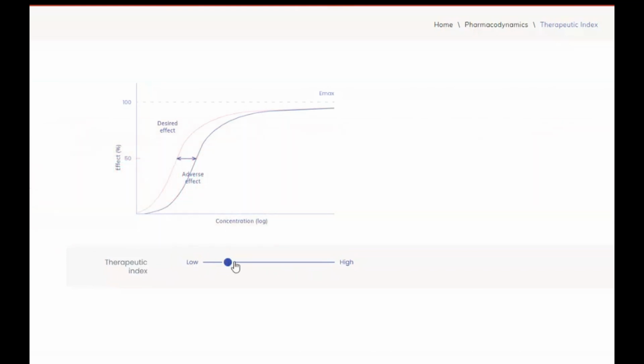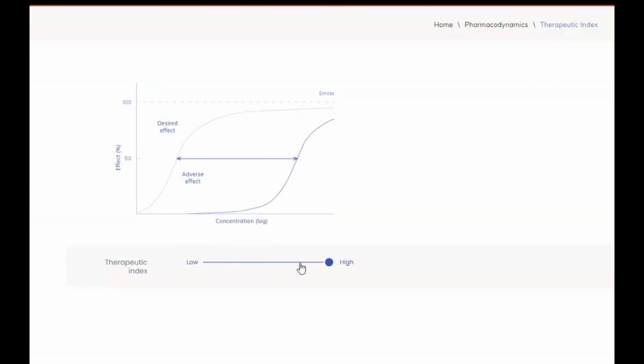So the wider the margin of safety, the greater the distance between the curve that reflects the effective, or desired, plasma concentration and the curve that represents the toxic plasma concentration.